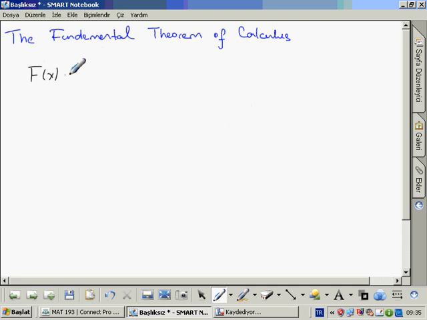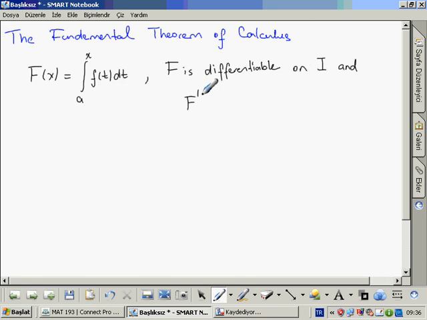Capital F of x equals the integral from a to x of f of t dt, and capital F is differentiable on I, that means an interval, of course, and capital F prime of x equals f of x.